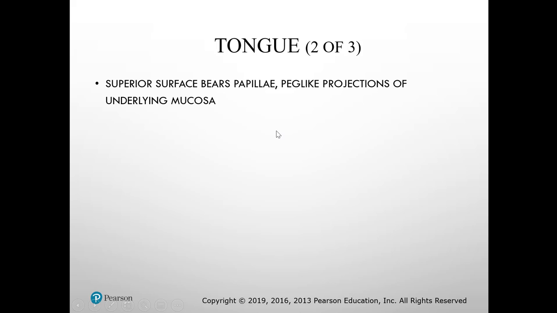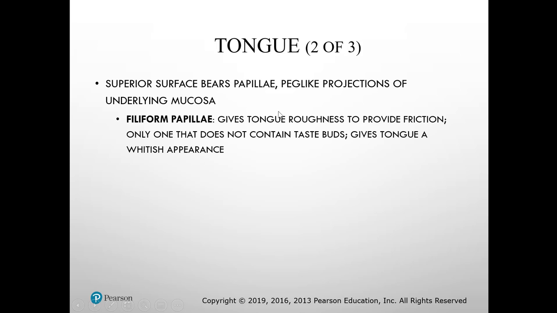They are like peg-like projections of the underlying mucosa. When you say peg, that doesn't mean that they're hard as wood. No, it's actually still soft tissue. However, the shape is like peg-like projections, and these peg-like projections are what's called papilla.